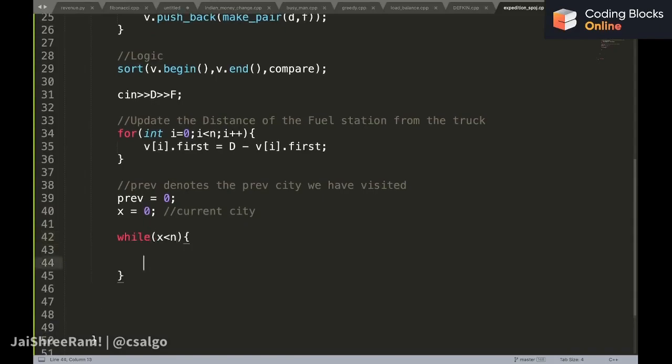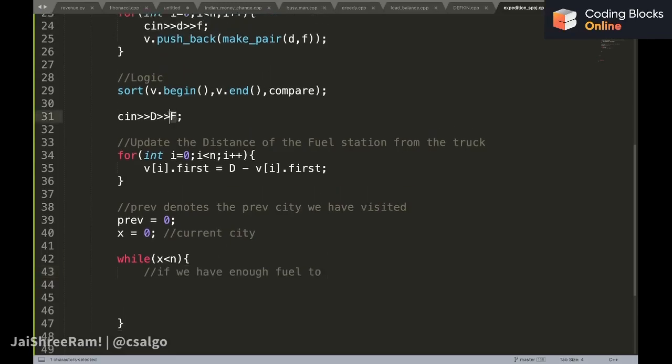What we are going to do is see if we have enough fuel to go to the next city. Capital F denotes the current fuel in the truck.